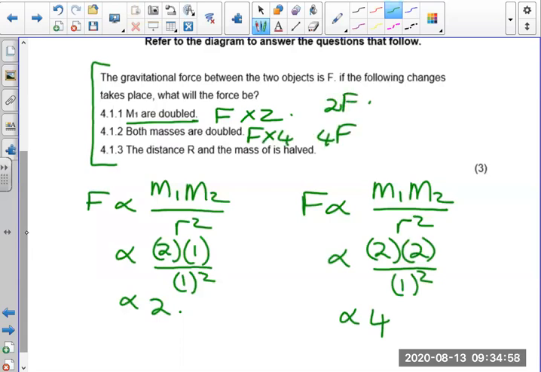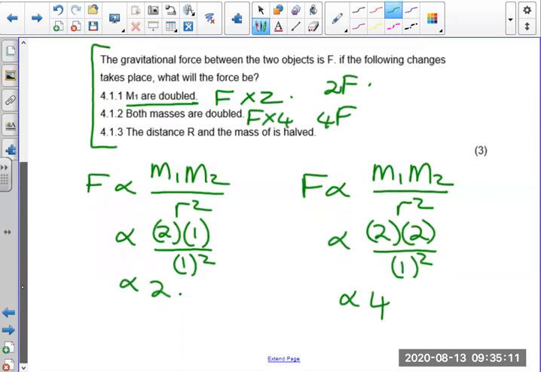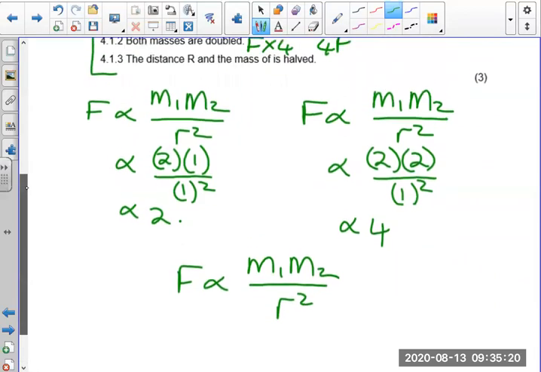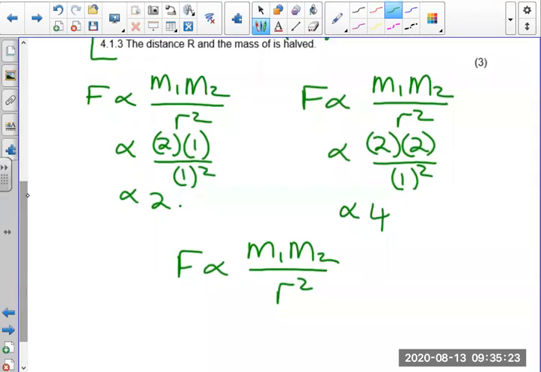Then the distance R is half, and the masses are half. Right, let's look at this one. So we say F. Let's just read there again. The distance R is a half, so let's put in a half.